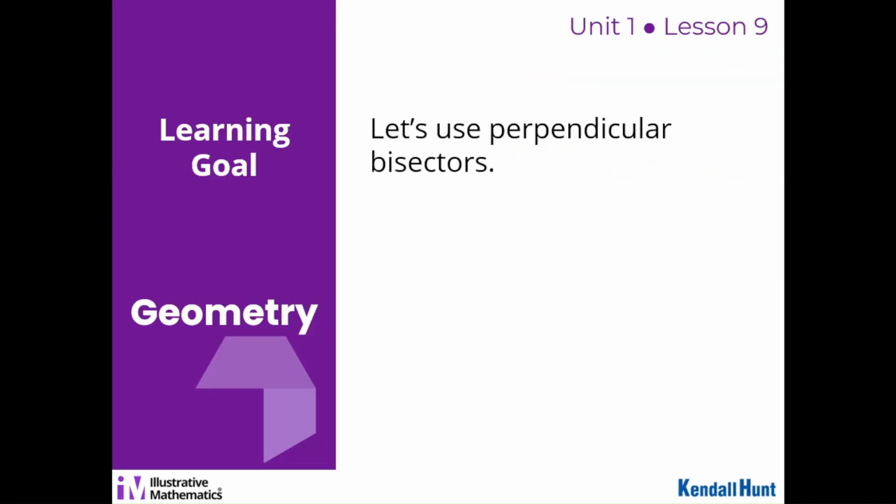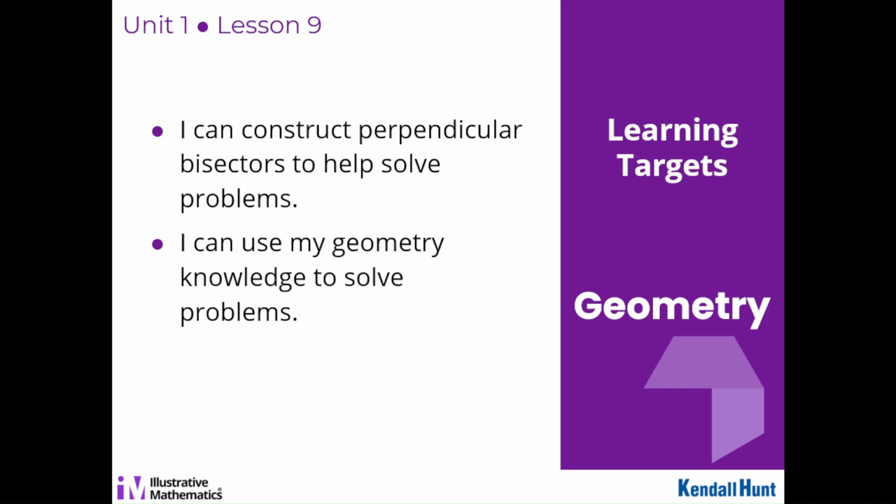The learning goal in this lesson is to use perpendicular bisectors. There are 2 learning targets in this lesson. Once we get done with the practice problems, we'll come back, review these learning targets, and ensure you understand everything you need to before taking that mid-Unit 1 test.